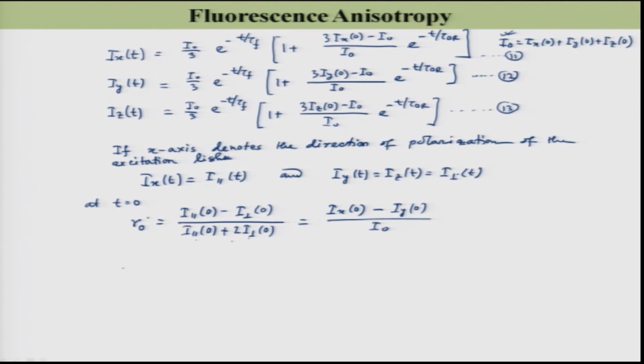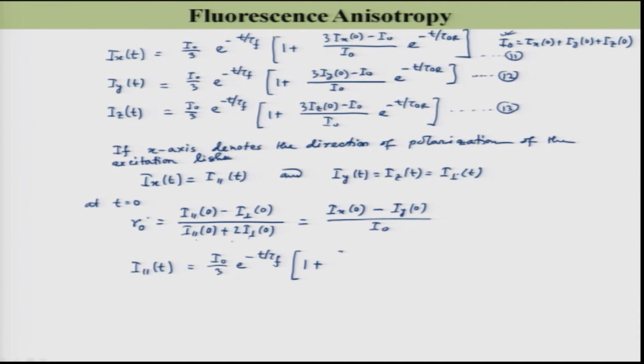Okay. Now, if I want to calculate this I parallel t, then this is nothing but I x t, right. So, I will simply write this equation for I x t. This will be equal to I 0 by 3 e to the power minus t by tau f into 1 plus 3 I x 0 minus I 0, right.